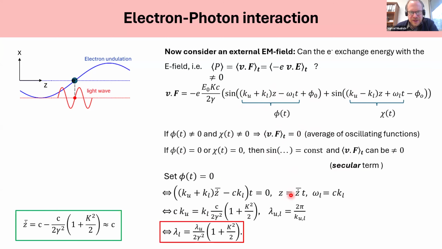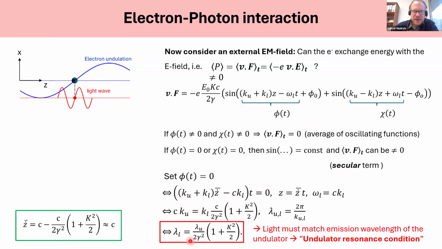And that gave us the condition for, okay, time t cannot be zero, so this phase has to be zero. And that led us to a resonance condition. This is called the undulator resonance condition, which happens to be exactly the same formula as the undulator equation giving us the undulator wavelength.